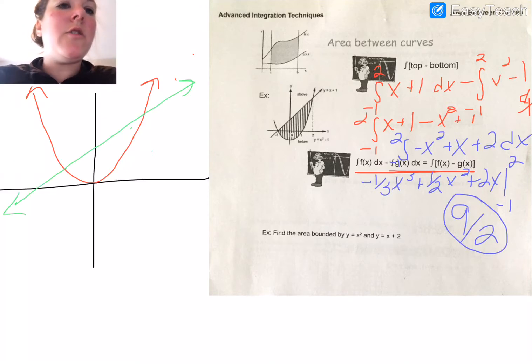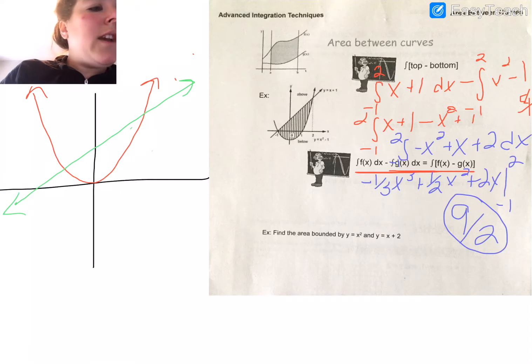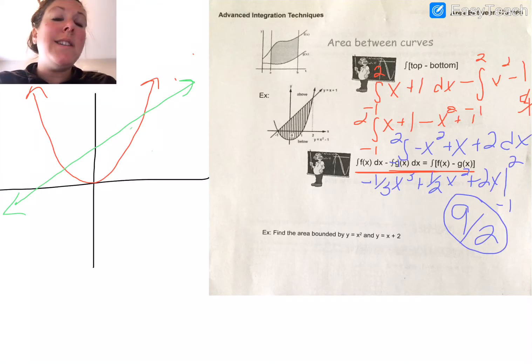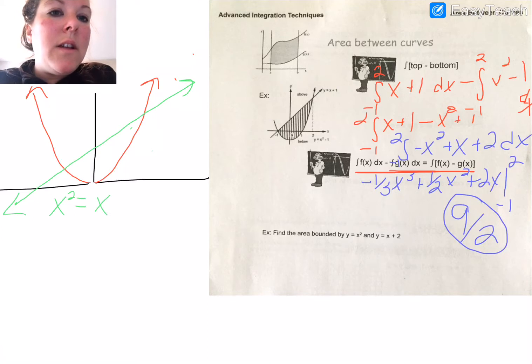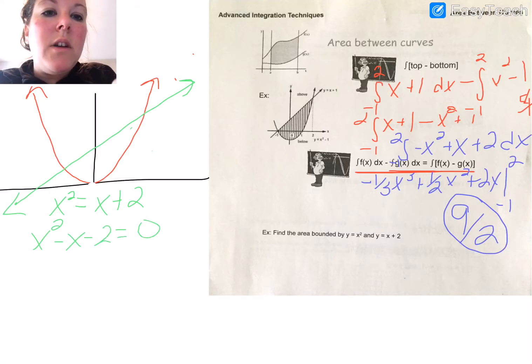There's my linear function. Now the first thing I want to find out is where do they intersect. To find out where two functions intersect, old school algebra one way, system of equations. So I'm going to take x squared and set it equal to x plus 2. x squared minus x minus 2 equals 0.